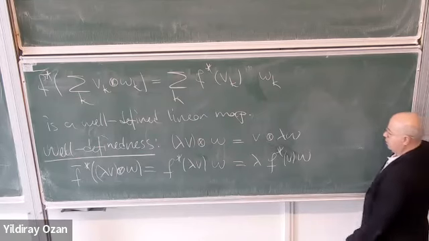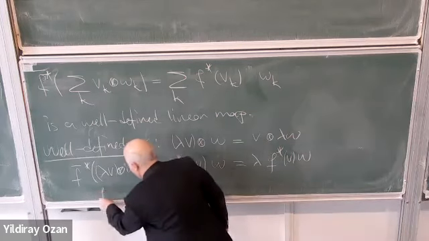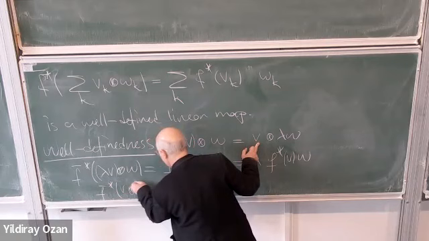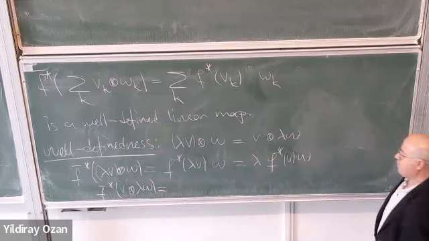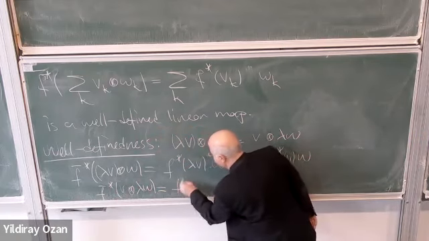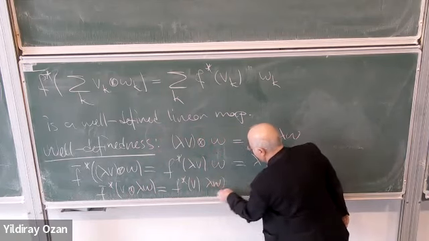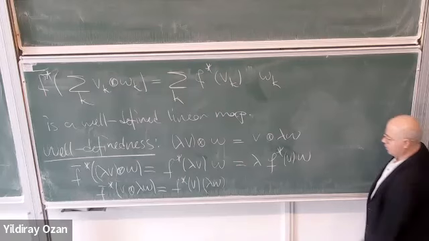Well, what about F bar star of this gadget? Well, by the definition, I have to take F star of this and then multiply it with the W part.